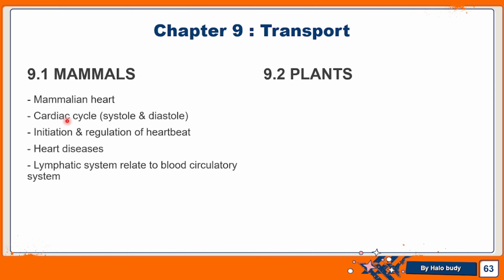So this cardiac cycle is to learn how our heart can pump, and what causes the heart to pump the blood from the artery to vein or vein to the whole part of the body. Because you know that our heart contains cardiac muscle, that you learned in semester 1.